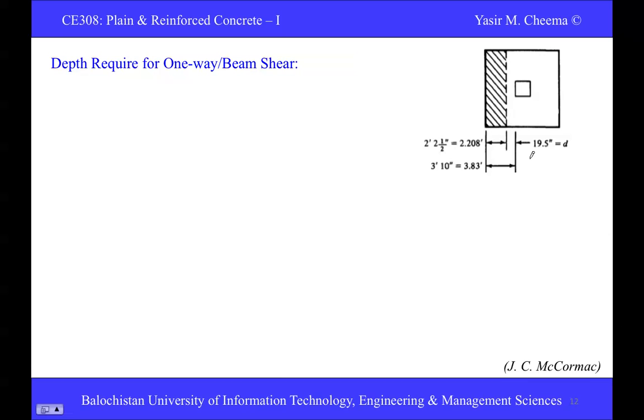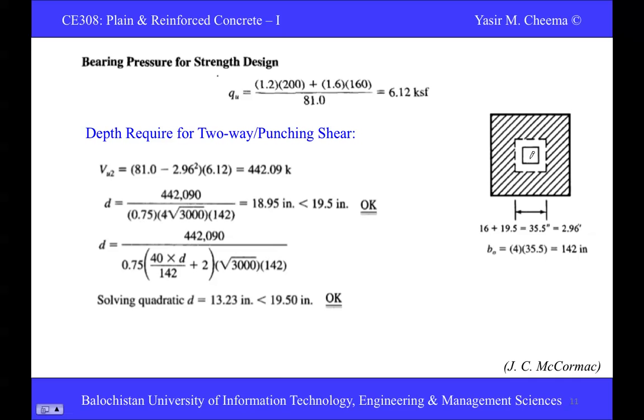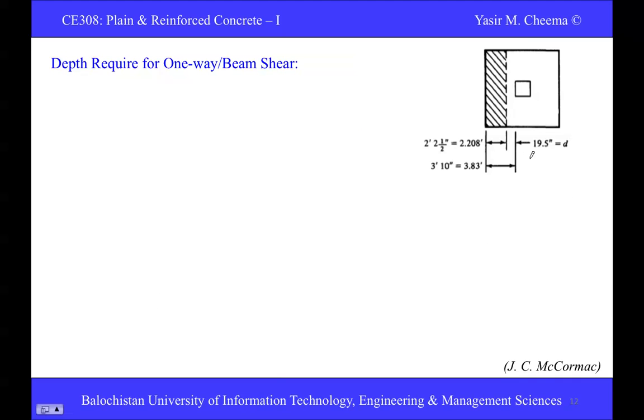So this one is the depth required for two way or punching shear, and now we will check the same for one way, the beam shear. Again this one is 16 inch, the given dimension of the column, and we have to find out this value; D we have assumed is 19.5 inch. So we need to determine this dimension.